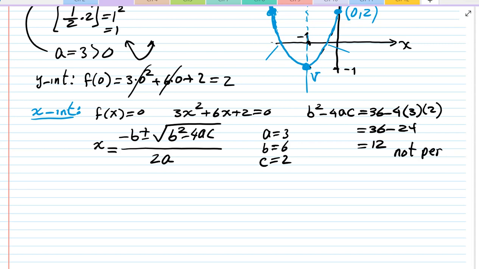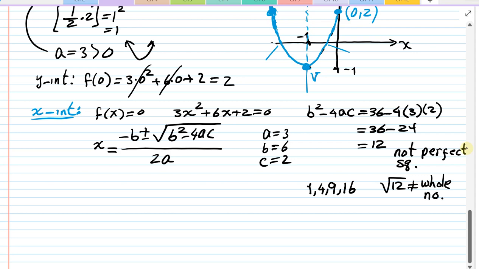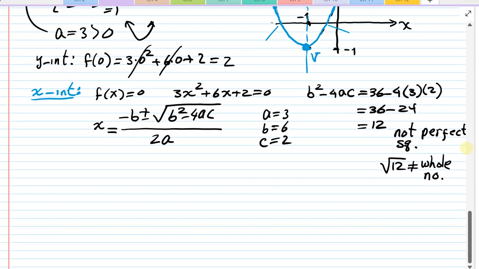Remember, perfect square numbers are numbers like 1, 4, 9, 16, right? Those are the squares of the whole numbers or natural numbers. When we say it's not a perfect square, that means the square root of 12 doesn't equal a whole number. So if the number is not a perfect square, that means this is not factorable. So we have to use the quadratic formula anyhow.